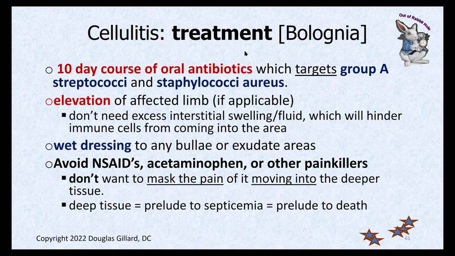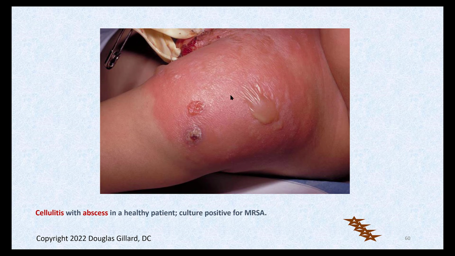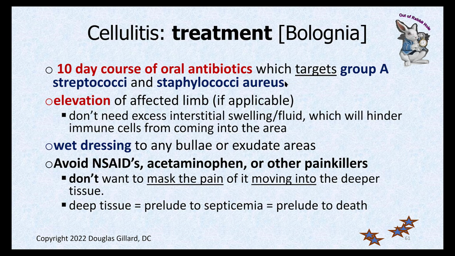How do you treat this? Major antibiotics, a 10-day course of oral antibiotics for simple cases. You might have to be hospitalized and put on intravenous antibiotics if it's gotten to this point. They want you to elevate the limb. Anything to remove swelling from the area helps the troops get through the interstitium to attack the bugs.